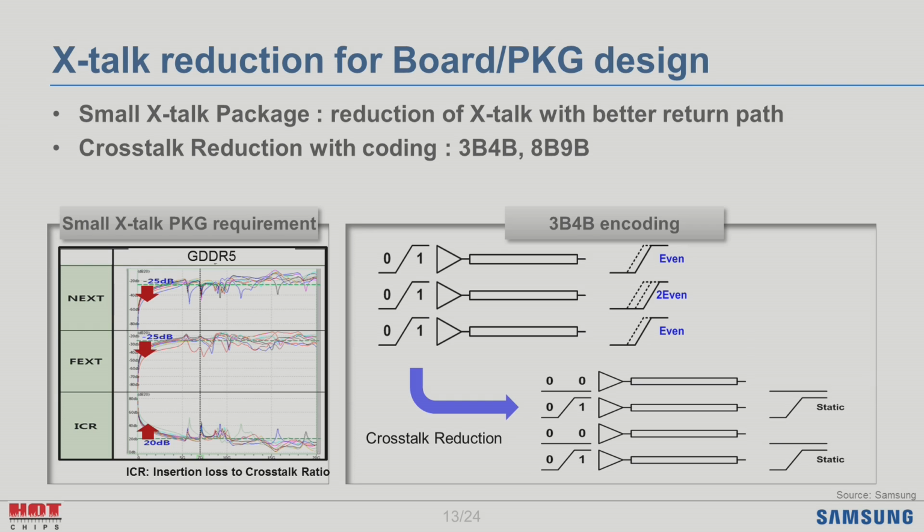In the past, we couldn't use this kind of coding in DRAM. In this case, even though the cost overhead was minimized and the complexity of circuitry slightly increased, moving forward, if we require higher speed signaling, we can consider 8-bit and 9-bit coding.